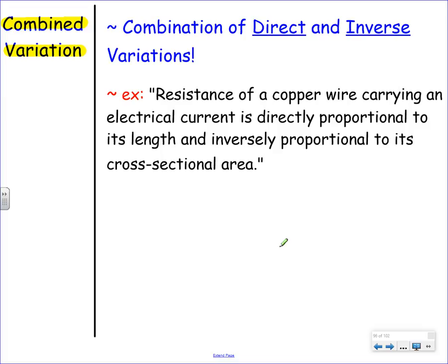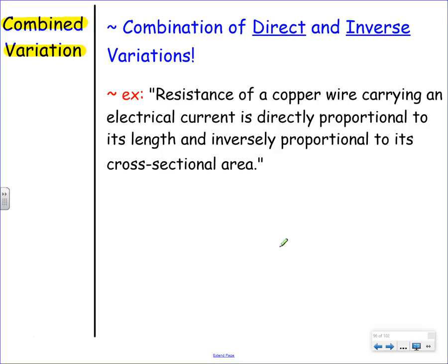Ooh, grammar, that's fun. Resistance, actually other copper wire carrying an electrical current, is all extra information from our mathematical modeling perspective.